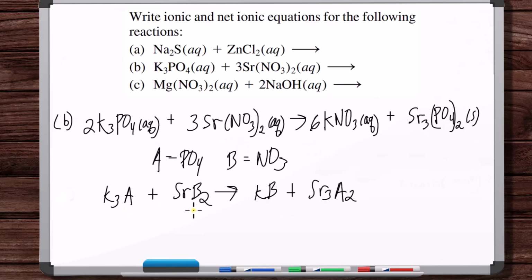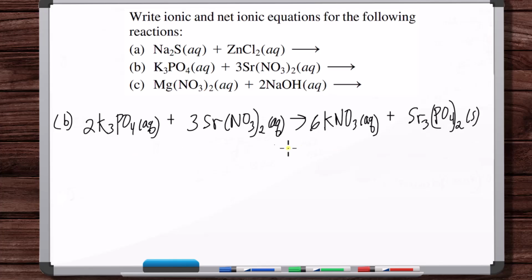K3A, SrB2, KB. Yeah, okay, so now the A's are balanced. Now the K's are balanced. Now the Sr's are balanced. And the B's are also balanced. 6 on the left, 6 on the right. So there we go. There's the molecular equation.